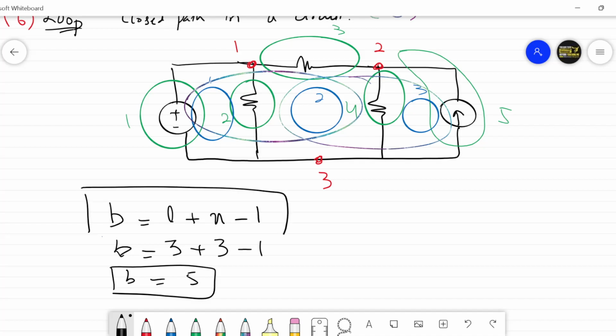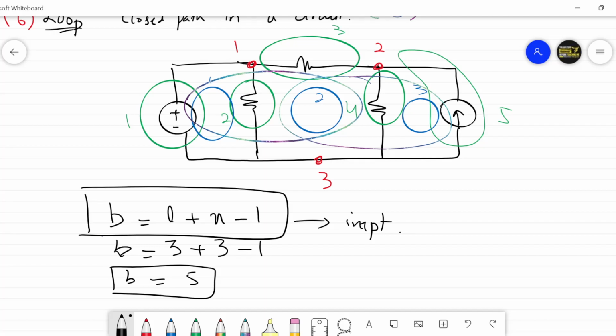Now this formula, B is equal to L plus N minus 1, you can mark as one important formula. I don't know whether you have heard about the GATE examination, but in the GATE exam you will see this question has come a number of times.